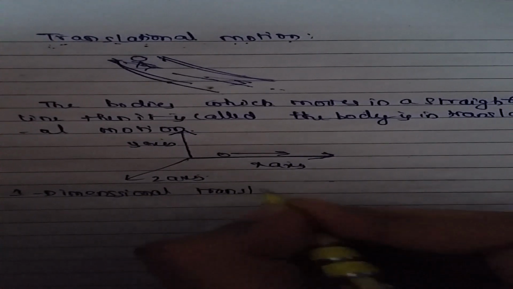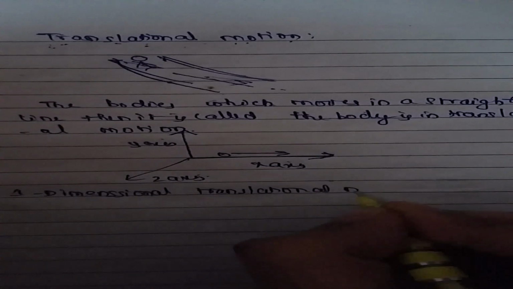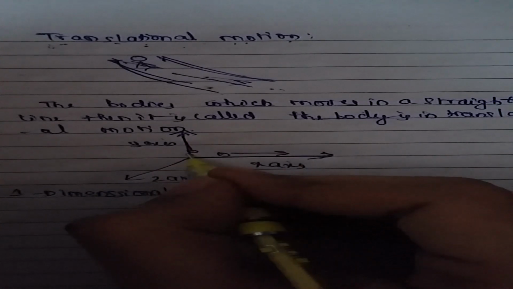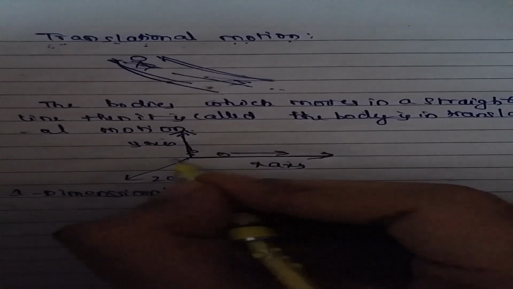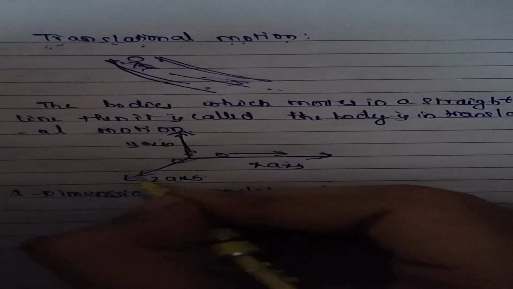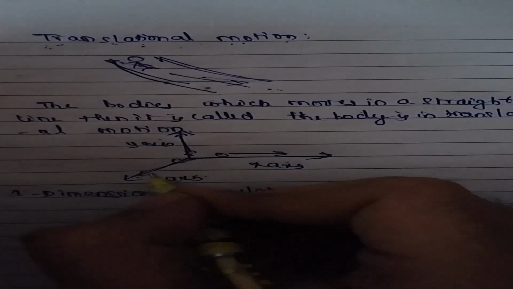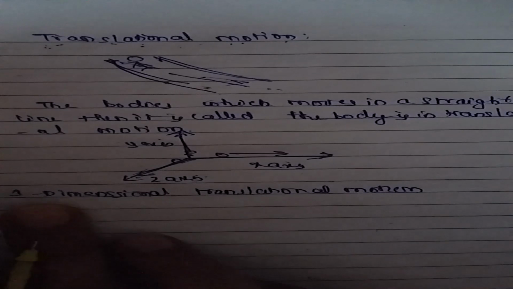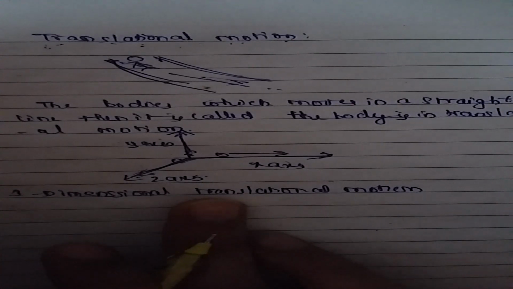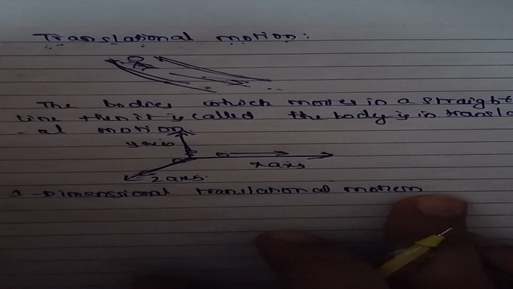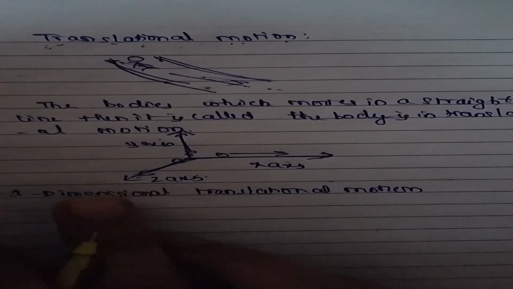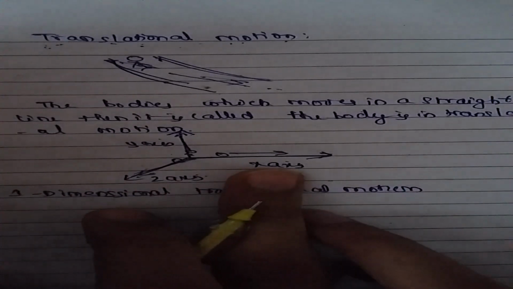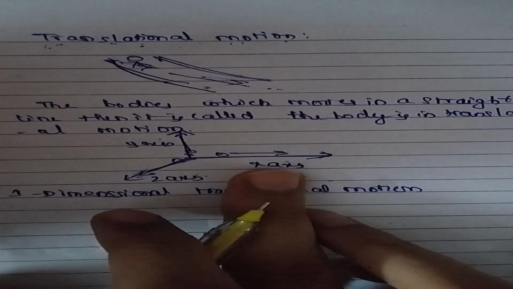One-dimensional translational motion. Suppose the body moves along the y-axis, there also we need only one axis. If the body moves along the z-axis, then also we need only one axis to define the body and its motion. Therefore one-dimensional translational motion is the motion of a body which needs only one axis to specify its motion.